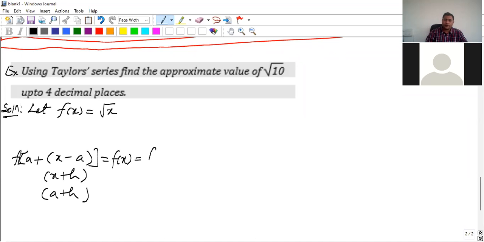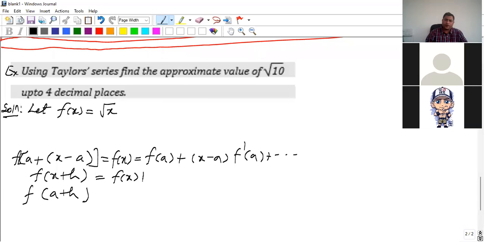We have seen this formula f at a plus x minus a, and this is f dash at a, and so on. This x plus h is what we have seen: f of x plus h is equal to f of x plus h times f dash at x plus h square by 2 factorial f double dash at x, and so on.